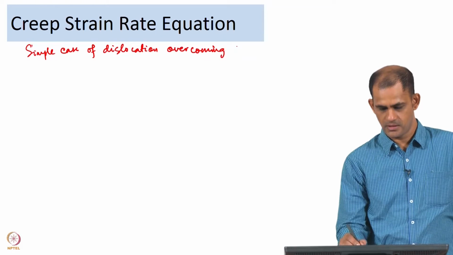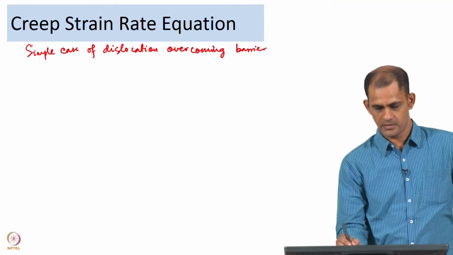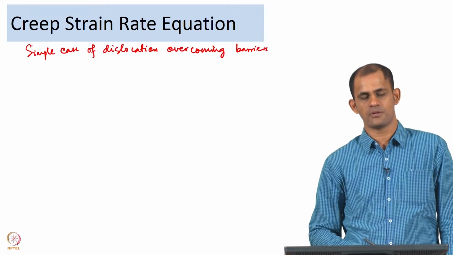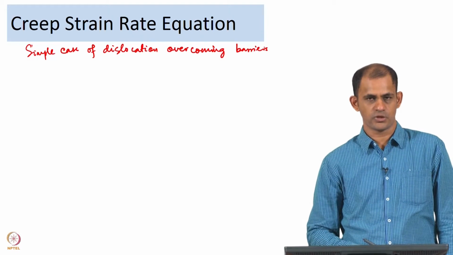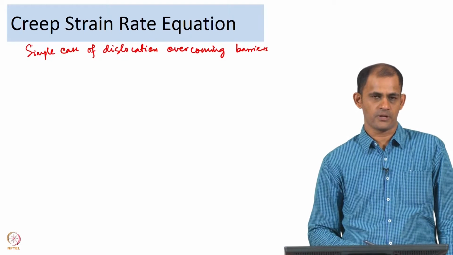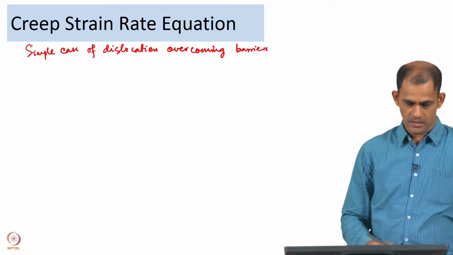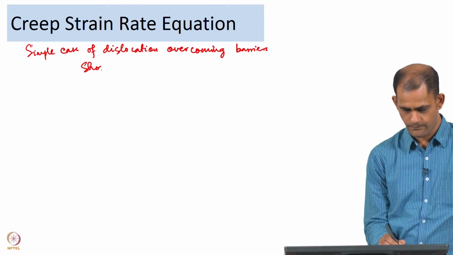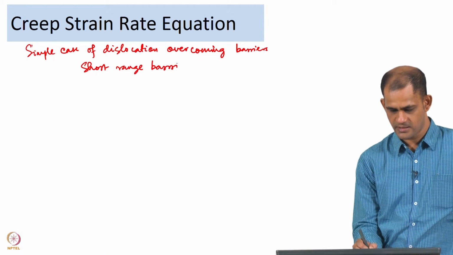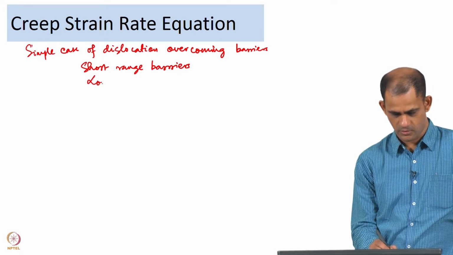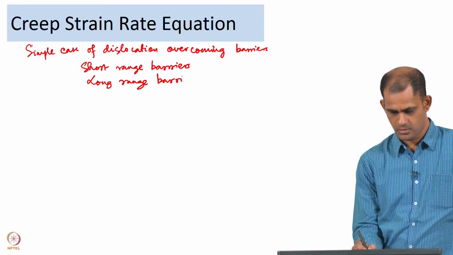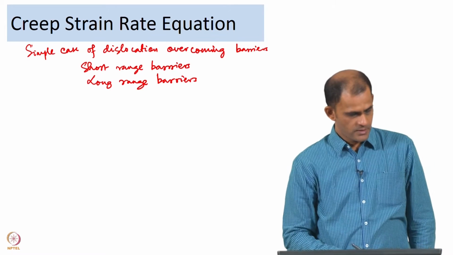overcoming barriers. If you remember in the previous lecture, in one of the slides I was talking about the barriers to dislocation motion or barriers to plastic deformation, and we were talking about two types of barriers. Just as a recall, you have short range barriers and you have long range barriers.